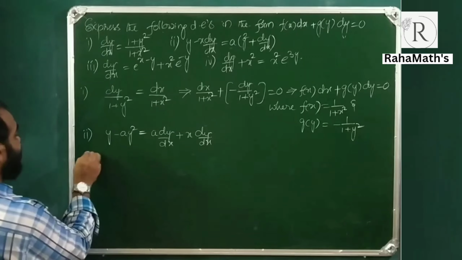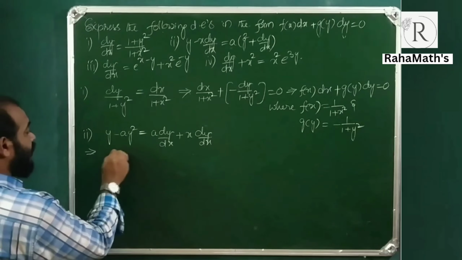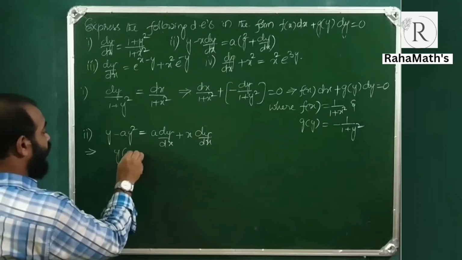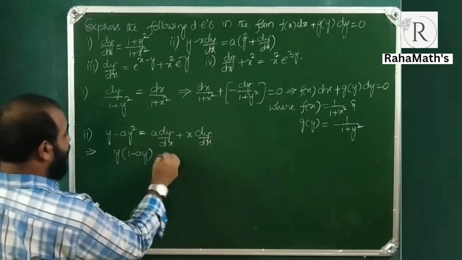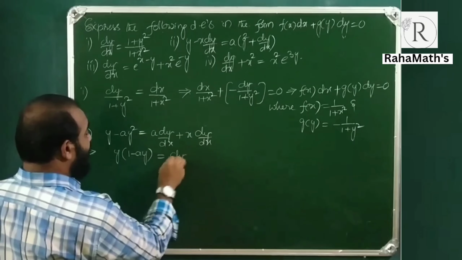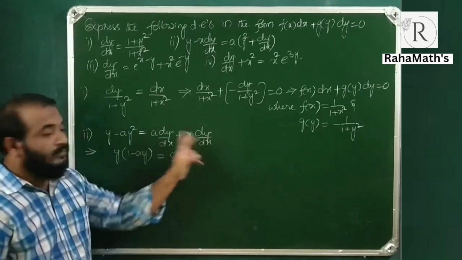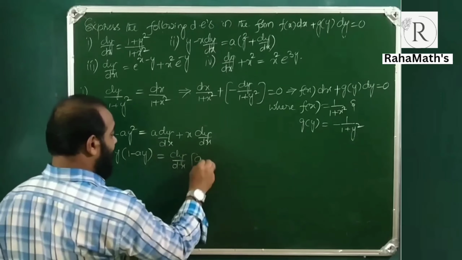So this can be written as y into (1 minus a y) equals, taking dy by dx as common in both of them, (a plus x) dy by dx.